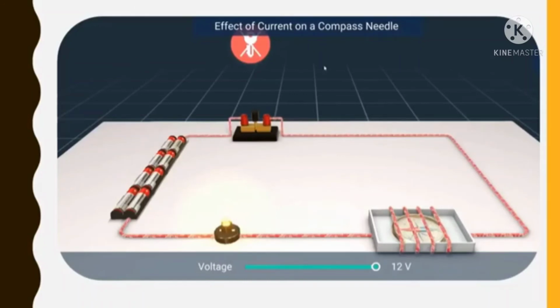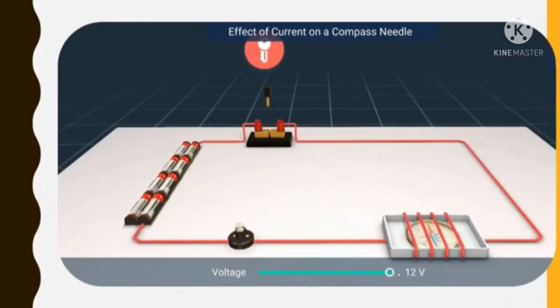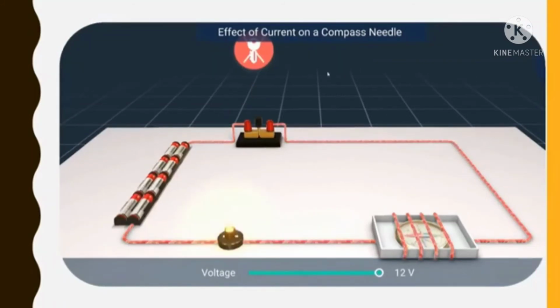For that purpose, one activity is given in your textbook that you have to perform. On the basis of the activity, you will understand the mechanism of electric current better.